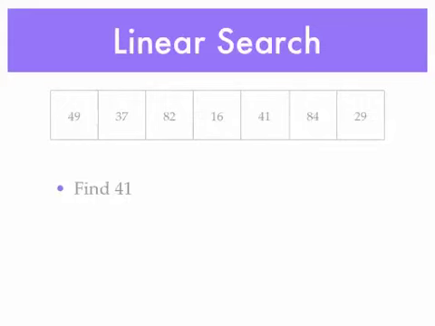The first algorithm we'll consider is called linear search, or sometimes sequential search. Linear search works by starting with the first element and considering each in turn, comparing it with the target that we're trying to find. So we start with the first element, 49. Is 49 equal to our target, 41?